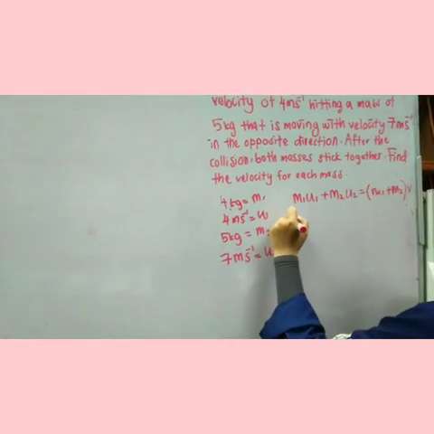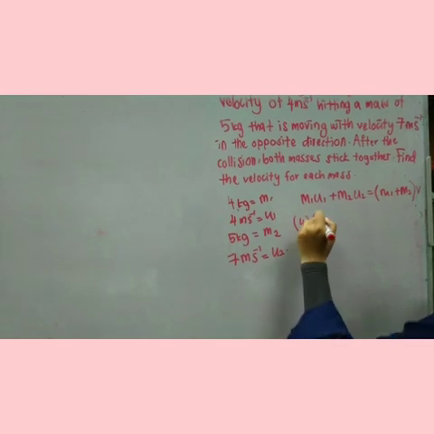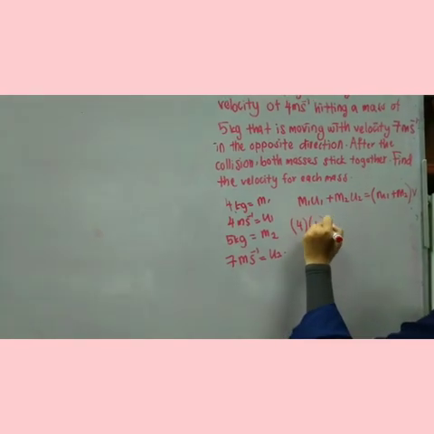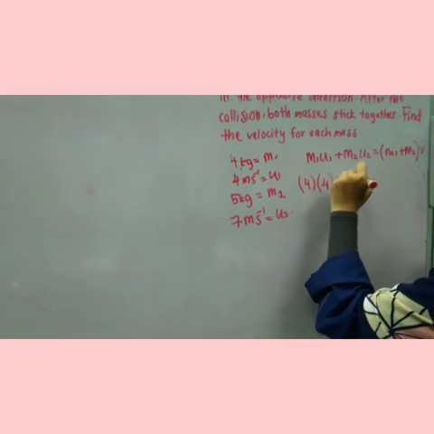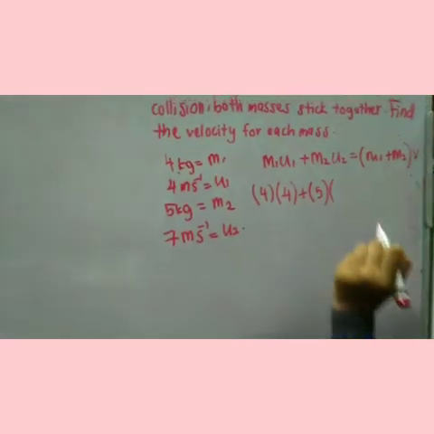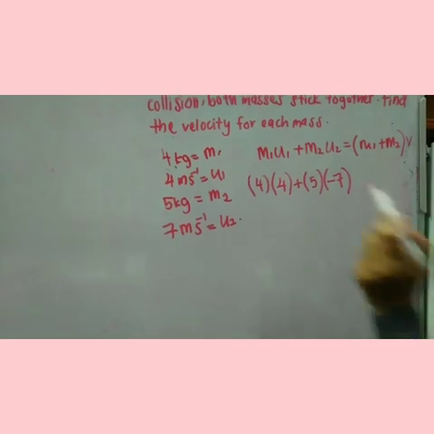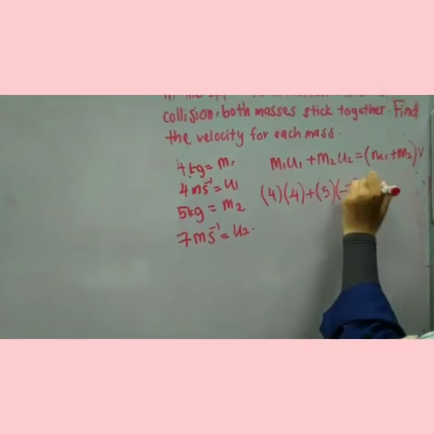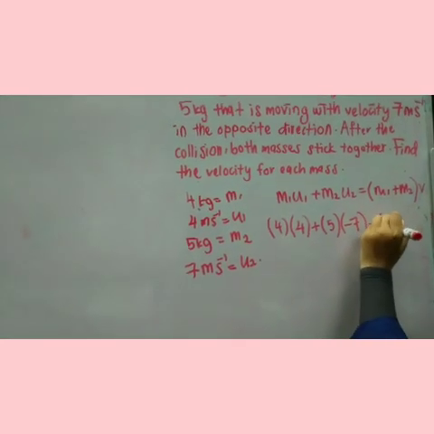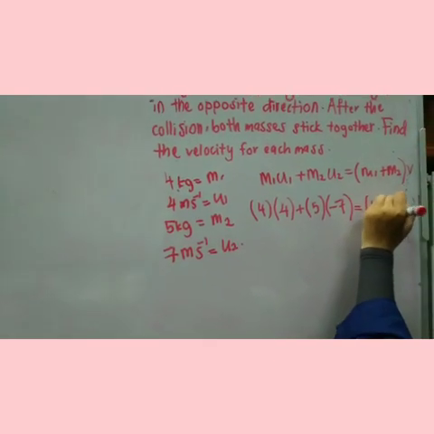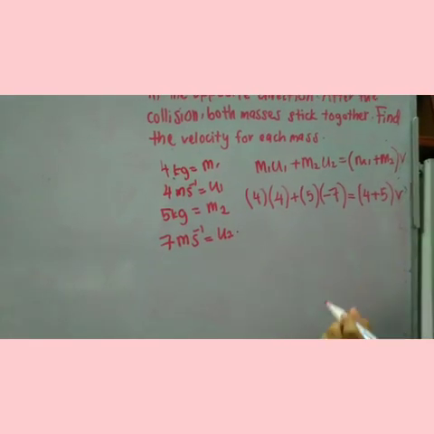So 4 multiply with 4 plus 5 times the initial velocity, negative 7 because of the opposite direction, equals 4 plus 5 times v.